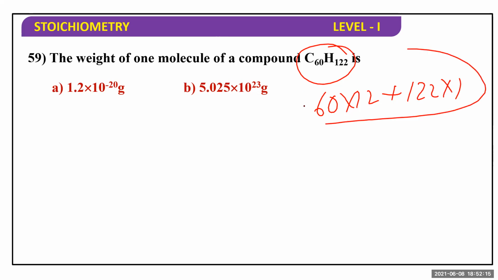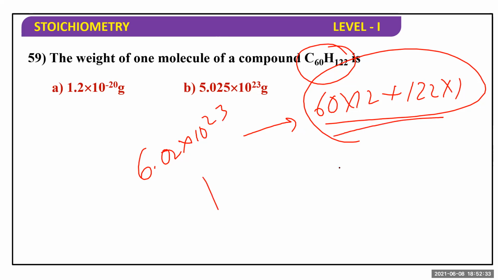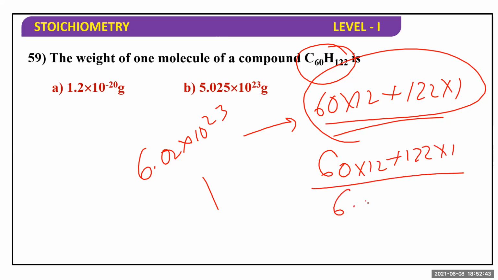One mole has the Avogadro number of molecules, 6.023 into 10 to the power 23. So one molecule weighs (60 into 12 plus 122 into 1) divided by 6.023 into 10 to the power 23.